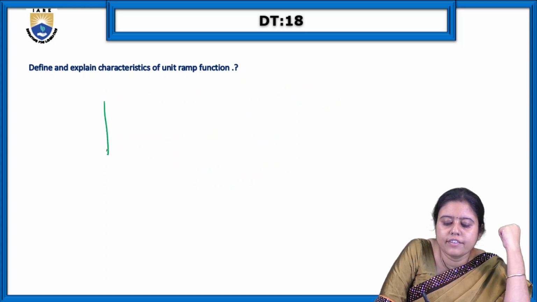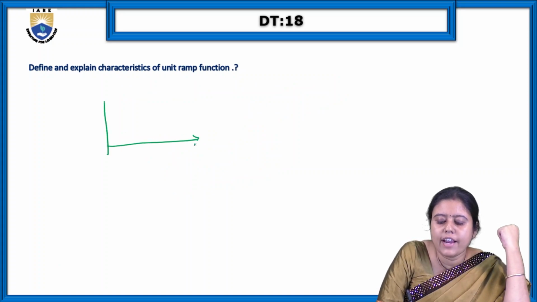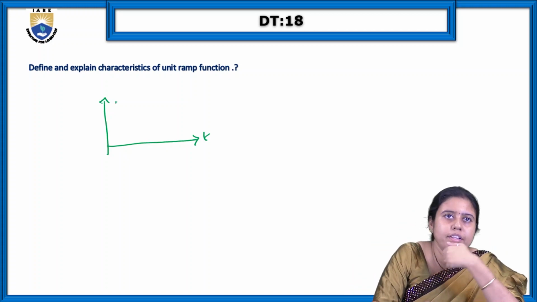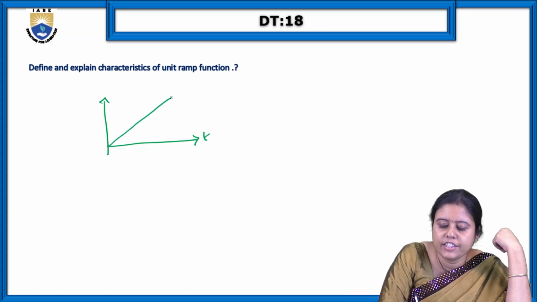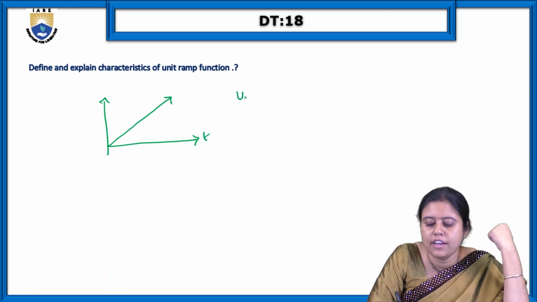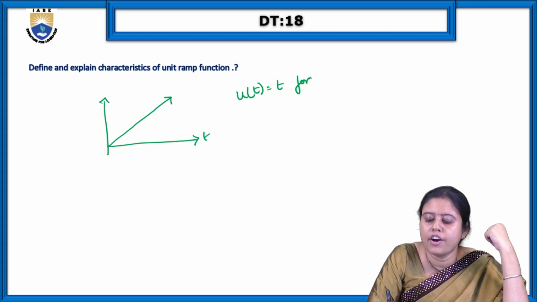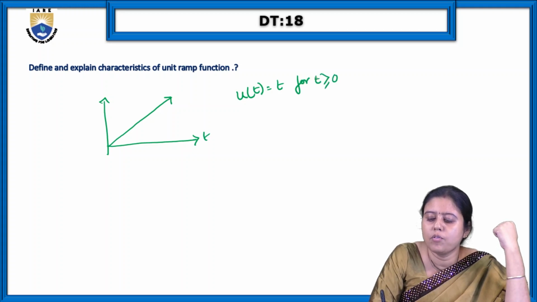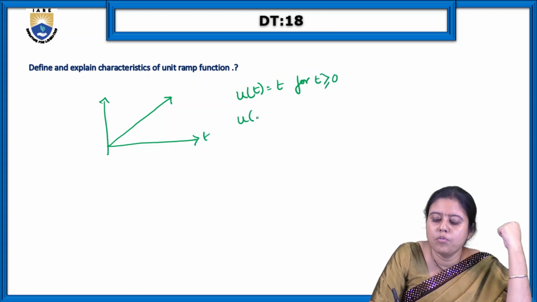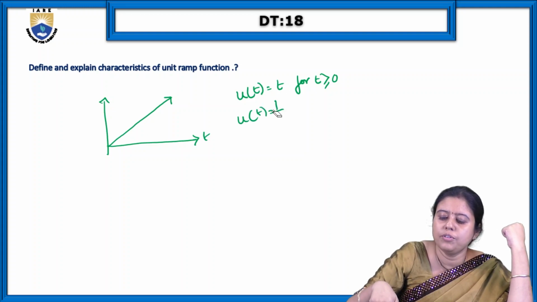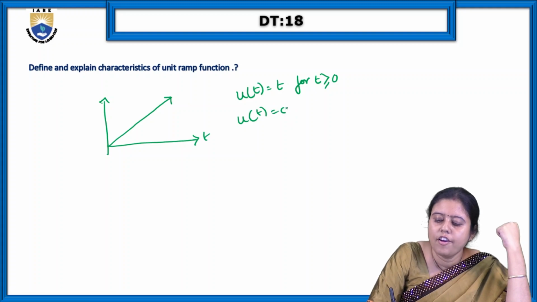What is a unit ramp input? Unit ramp input means, as the name suggests, the ramp. Ramp means continuously changing. So u(t) is equal to t for t greater than or equal to 0, and u(t) is equal to 0 for others.